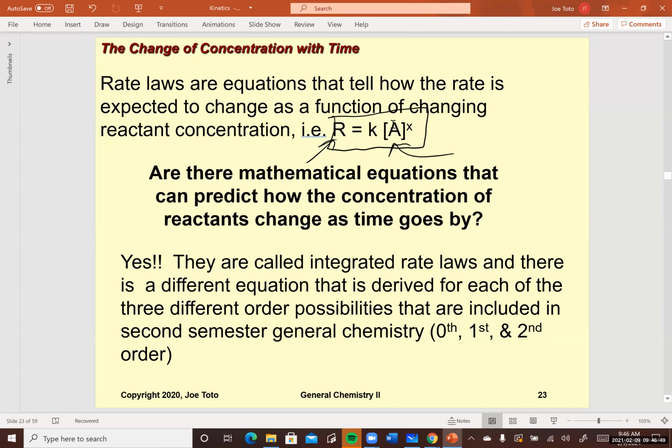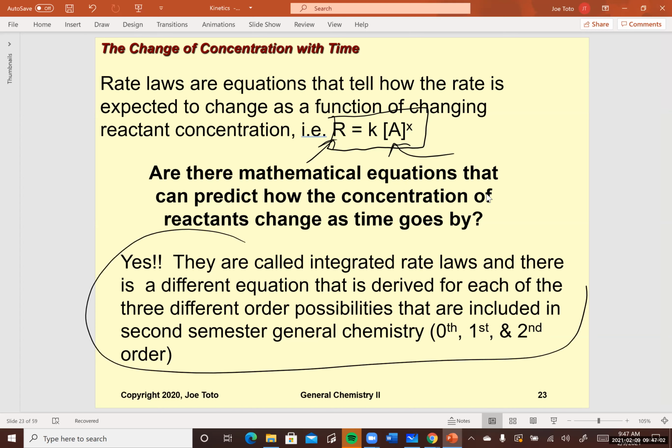So what we want to look at next is those type of equations. And so do they exist? Yes, they do. And they actually come out of these equations that we looked at already, the rate laws. And they're called integrated rate laws.